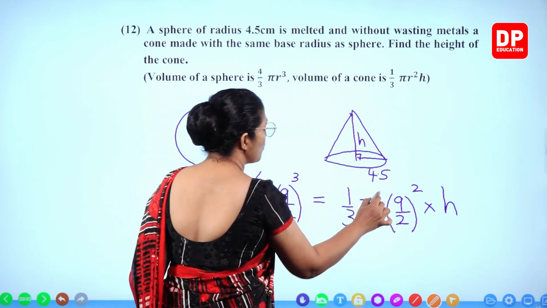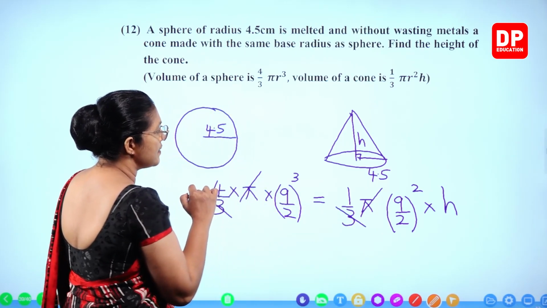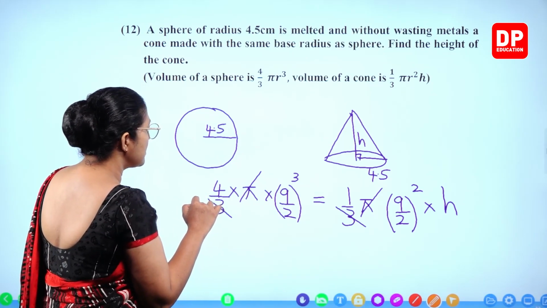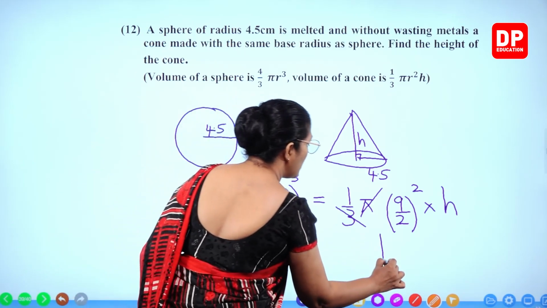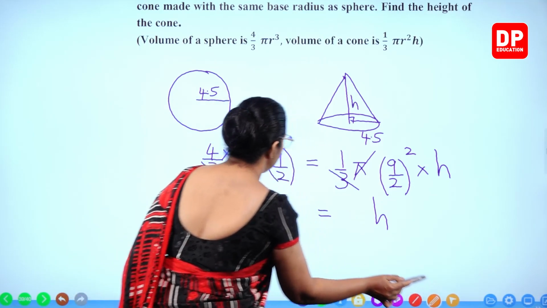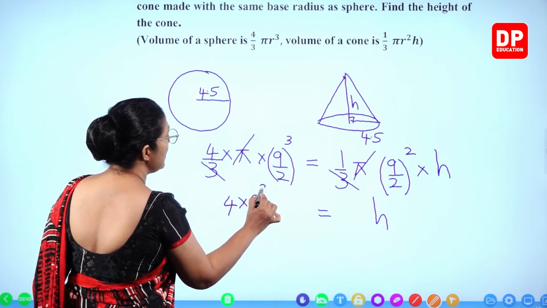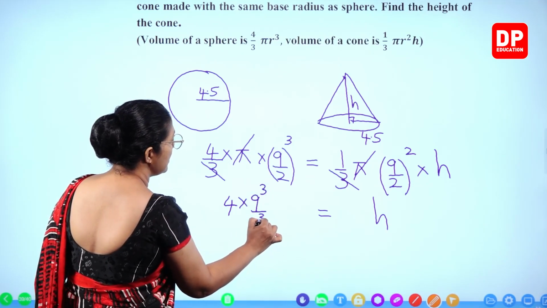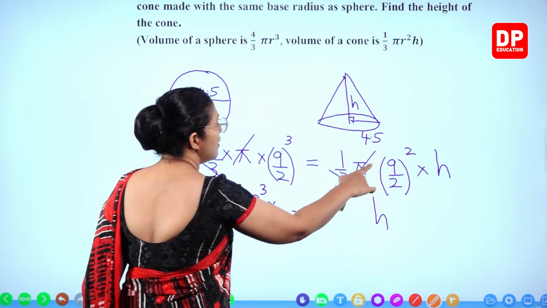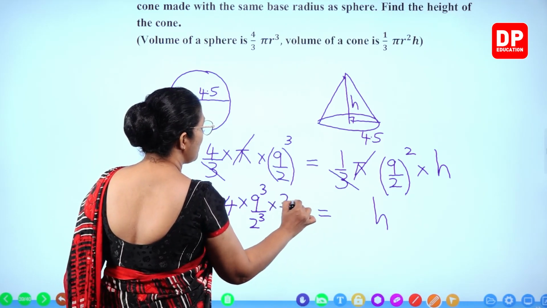Pi gets cancelled out. When you multiply by 3, these 3s get cancelled out. Then what is remaining? You get h equals 4, here 9 to the power 3 and 2 to the power 3. Then when you are dividing by this one, that's 9 to the power 2 and 2 to the power 2 goes up.